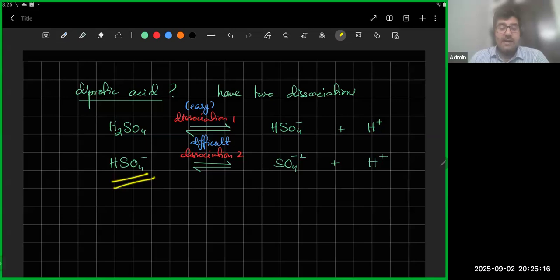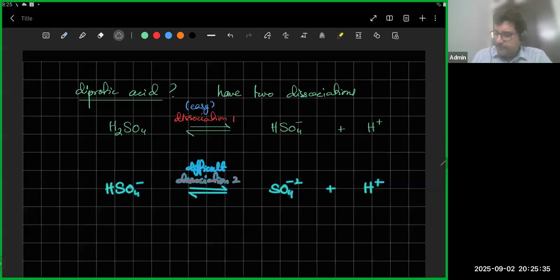Negative ions actually attract H+ ions. So it's going to be very difficult for them to lose another H+ ion, okay? So the first dissociation is going to happen very easily. The second is the one which is going to happen very weakly.